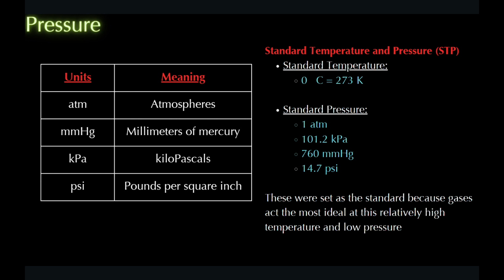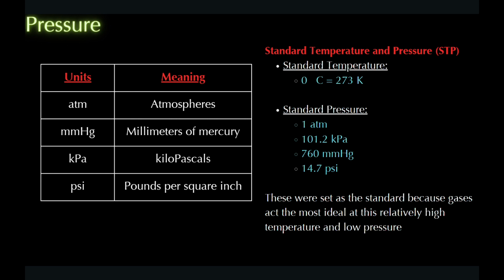Then kPa, kilopascals, typically used outside of the United States. And then PSI, which most of us should be familiar with here in the United States, is pounds per square inch. One of the most common places we find PSI is on car tires. If your car tires are low in pressure, the side of your car will typically tell you what pressure, or pounds per square inch, they need to be at.